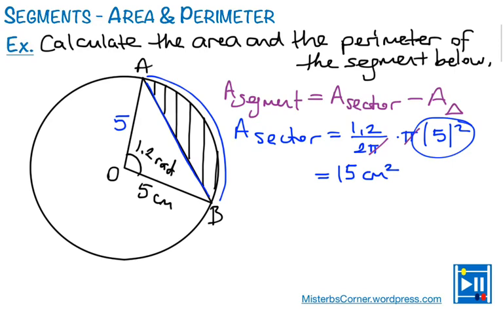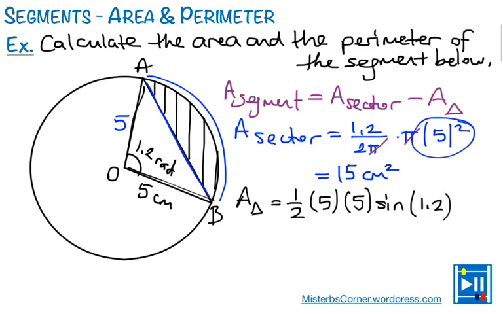When it comes to the area of the triangle, I am going to go like 1/2 of, well, the arms of the angle are the radii, right? So it's going to be 5 times 5 times, yes, I'm going to be using that formula with a sine. So I'm going to write sine of 1.2 radians.